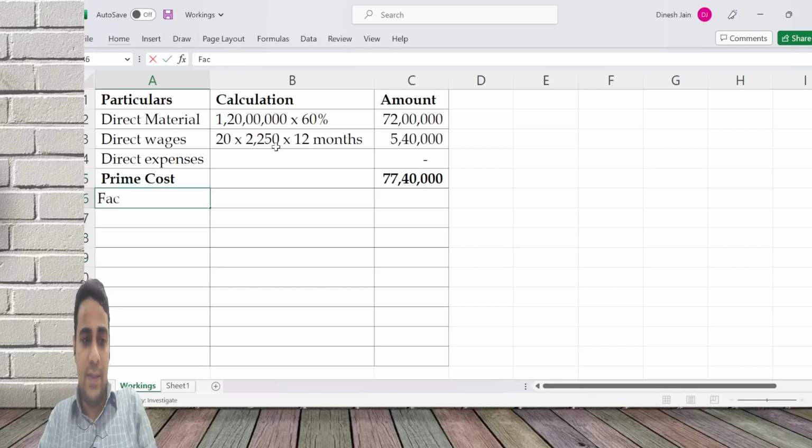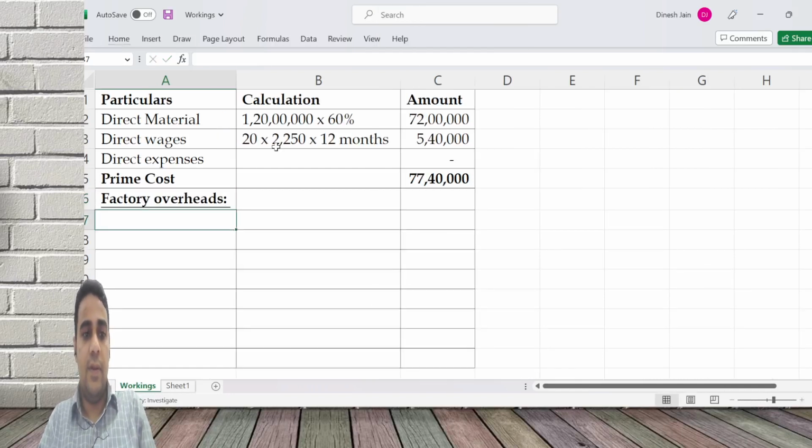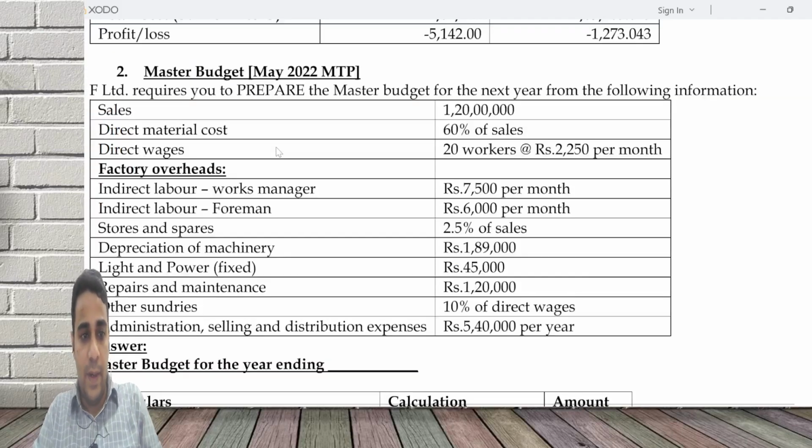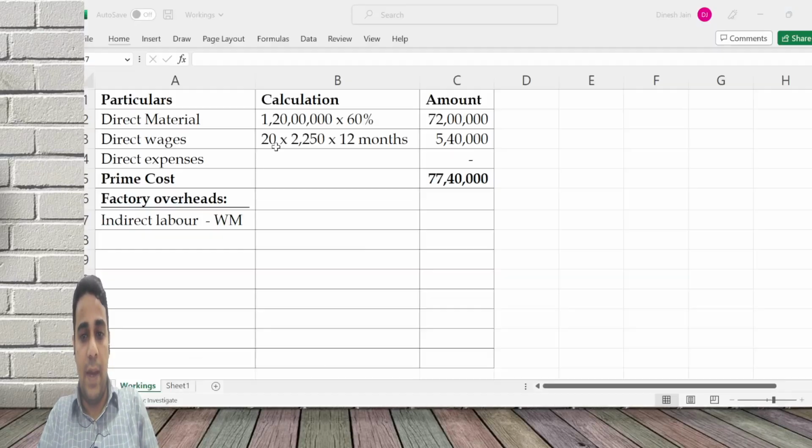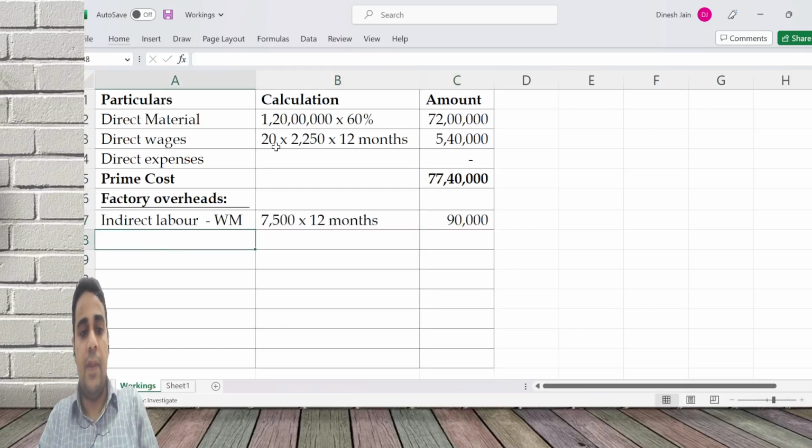Factory overheads. I think a major chunk of the items are factory overheads. Indirect labor, works manager: 7,500 into 12 months.